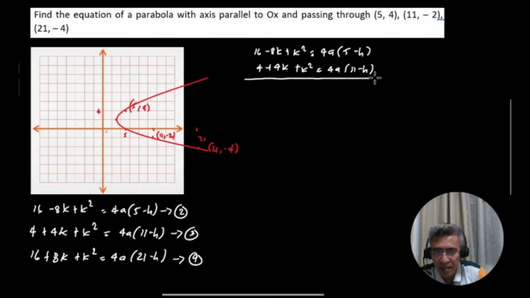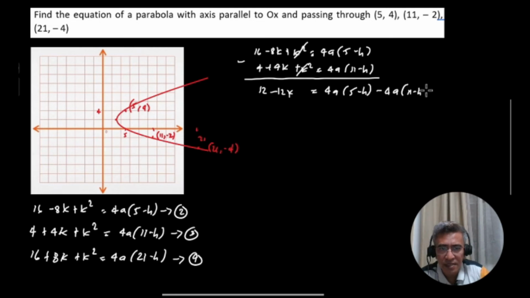And to eliminate, we subtract. And 16 minus 4, that's 12. Negative 8k minus positive 4k, that's negative 12k. And k squared minus k squared cancel out. 4a times 5 minus h minus 4a times 11 minus h.